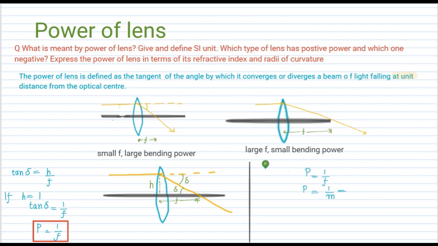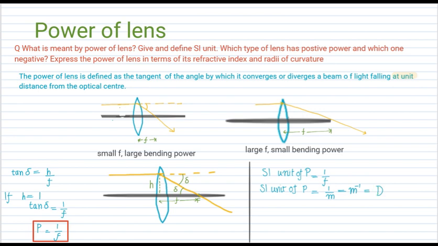The SI unit of power is 1 by m, which also can be written as m to the power minus 1. This m to the power minus 1 can also be written as capital D. This D is known as diopter.